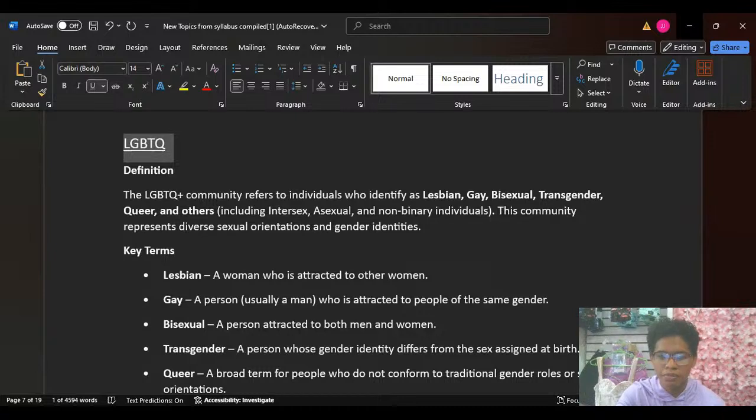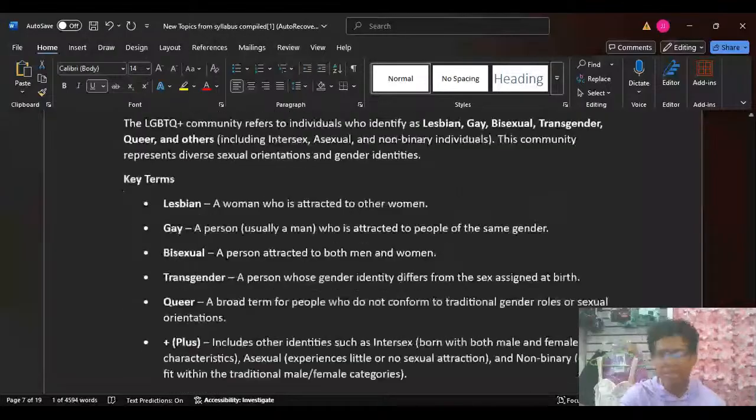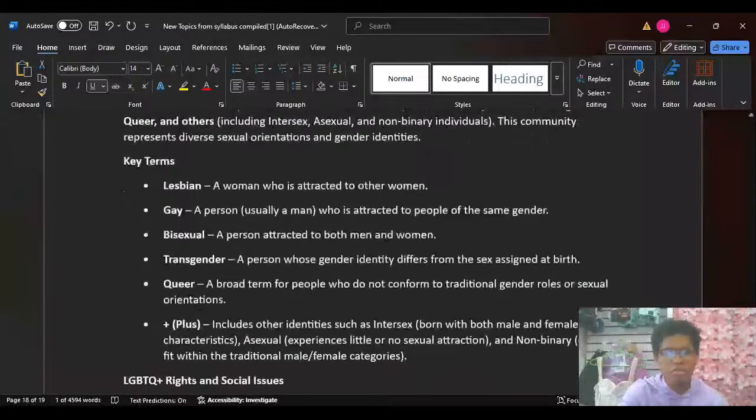So, anyways, let me just explain this and we'll close out the stream. The only thing that you need to know about the LGBTQ plus is the acronyms. Lesbian, a woman who is attracted to another woman. Gay, a person, usually a man, who is attracted to people of the same gender. Bisexual, a person attracted to both men and women. Transgender, a person whose gender identity differs from the sex assigned at birth.